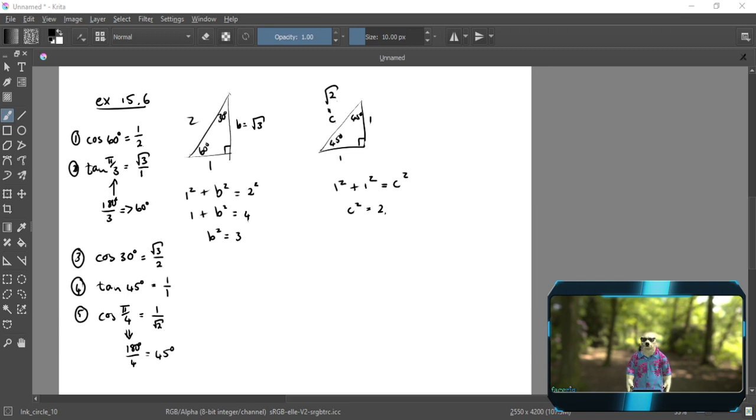So 1 divided by square root of 2 is 0.707-ish. And cosine of pi over 4 is also 0.707 something. So I can very easily check if I'm not sure about my triangles, something doesn't feel right, I can verify that the two sides, the trigonometric side and my answer side, do give me the same decimal number.